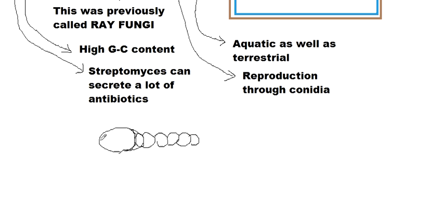So if this is the parent bacterium, let me write it over here. This is the large one, the parent bacterium, and the small ones behind it, which are actually produced by the parent bacterium, are the conidiospores.